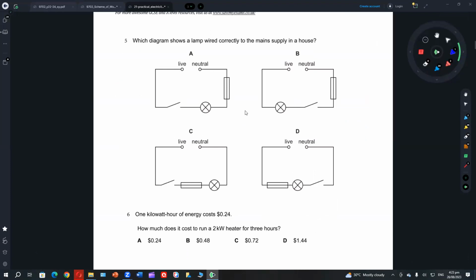Which diagram shows a lamp wired correctly to the main supply in a house? Remember, switches, fuses, circuit breakers are always connected in live. Fuses, circuit breakers, switches are all connected in live wire. So now you can see the options. Which option looks fine to you?